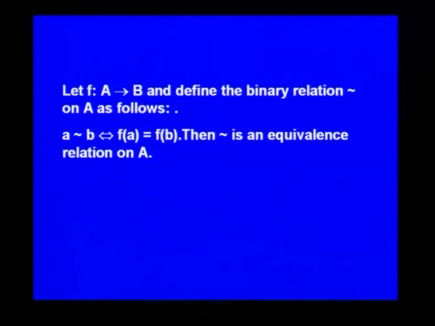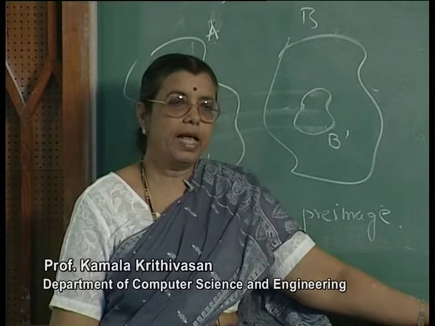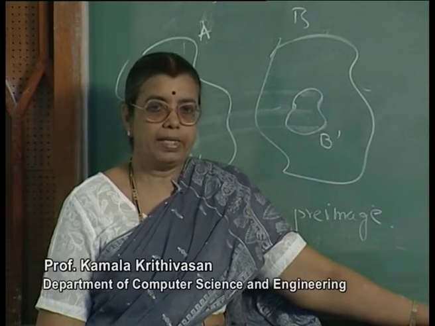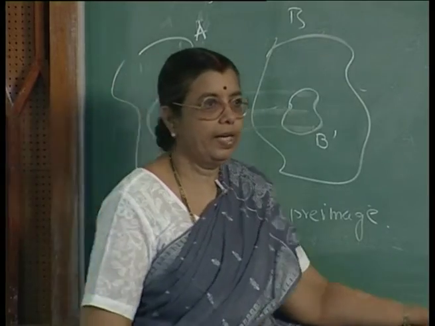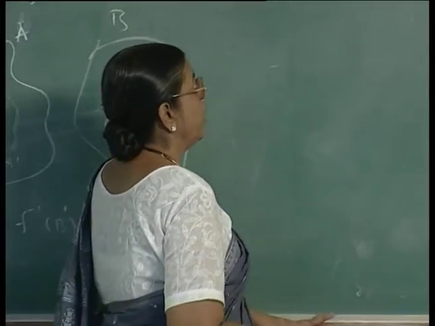Next, we see that a function can introduce an equivalence relation. We have already seen what is meant by an equivalence relation. An equivalence relation is a relation which is reflexive, symmetric and transitive. A function can introduce an equivalence relation on a set. How can that be?